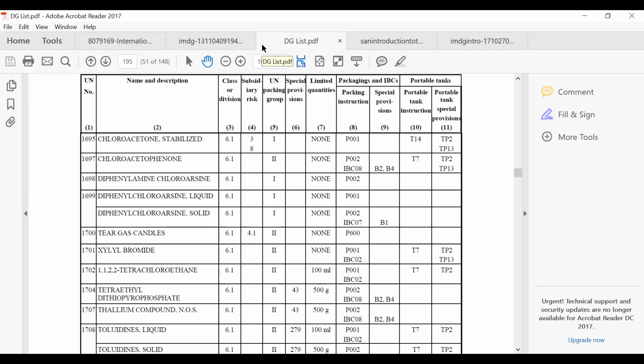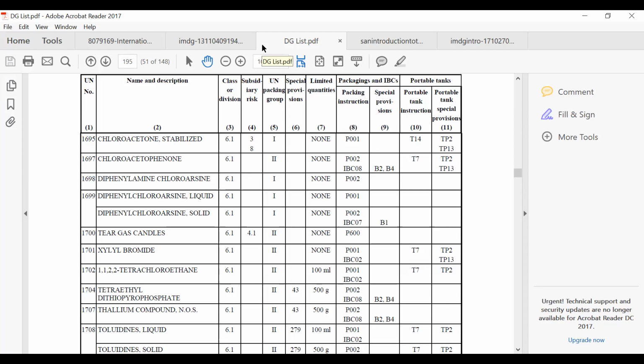Can I try, sir? Yeah, go ahead, please. Okay, the UN number for 1700, UN 1700. Yeah. Name and description is tear gas cylinders, or candles, sorry, tear gas candles.